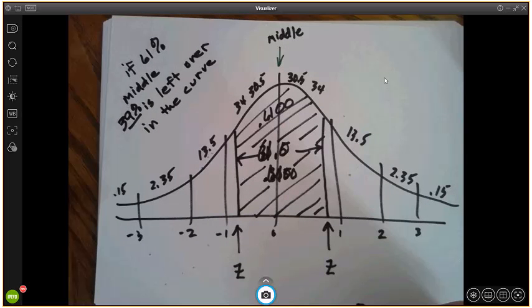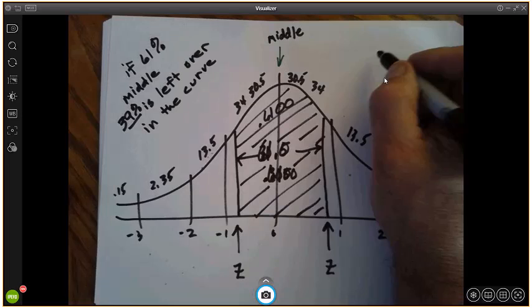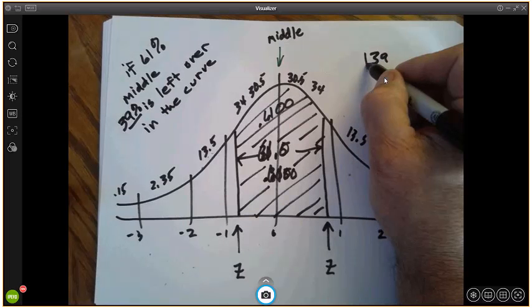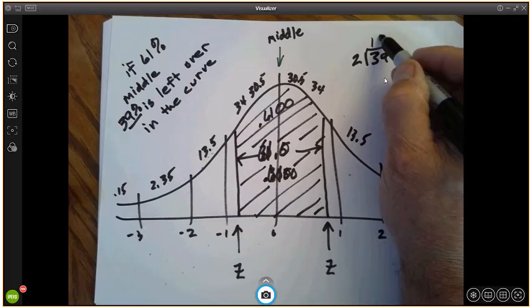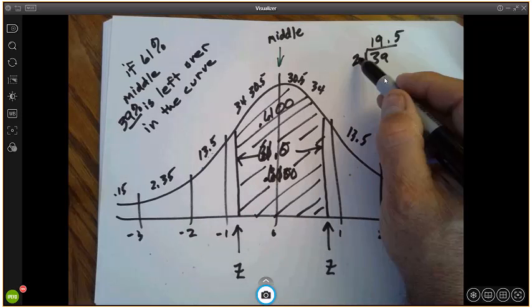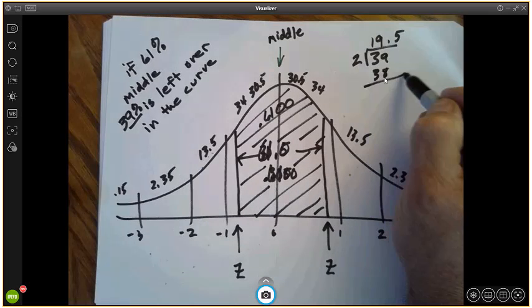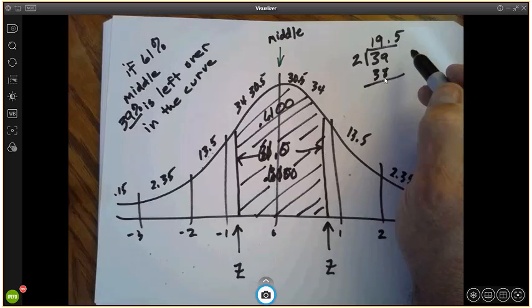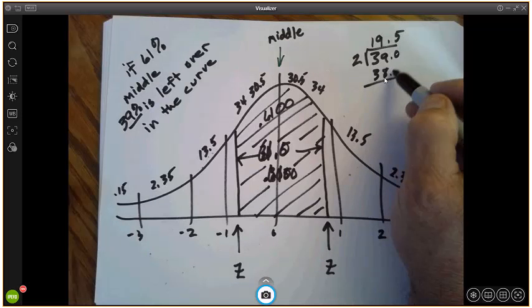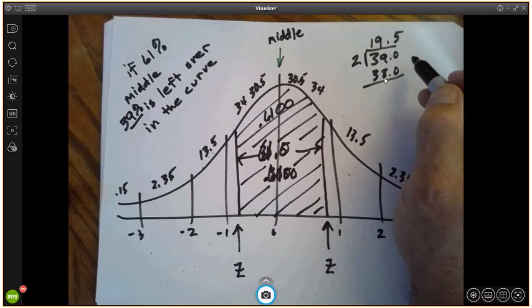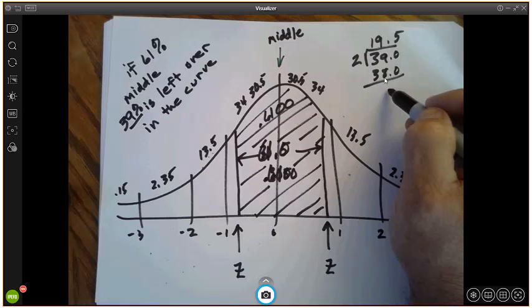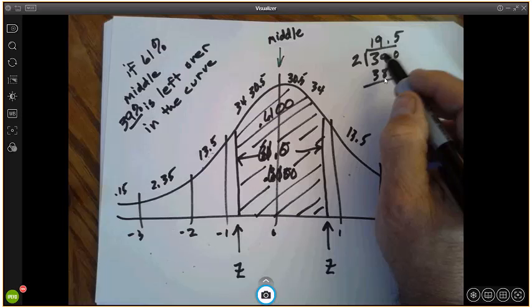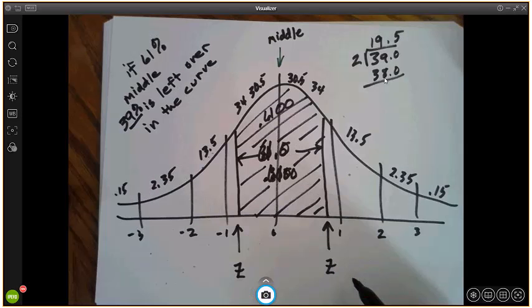So what is half of 39? 39 divided by 2 is 19.5. I think 19, that'd be 38, right? Yeah. You check my math. Divide 39 by 2 when you calculate it. I think you'll get 19.5.